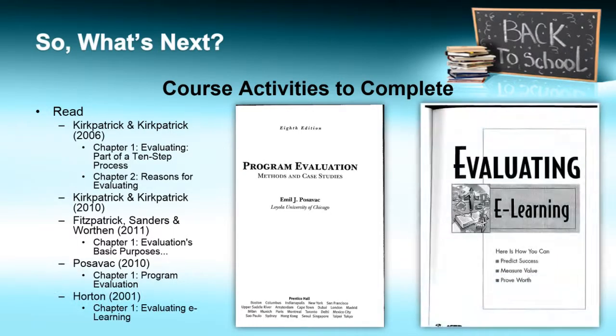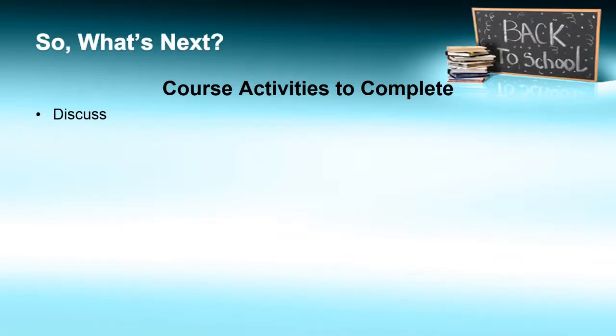And then lastly, Horton, which is another short document, provides some additional new information about evaluation, which is also going to be foundational for you and applicable to when you say, I'm going to evaluate. Well, what's your purpose? So you'll be able to learn some of that from these readings.